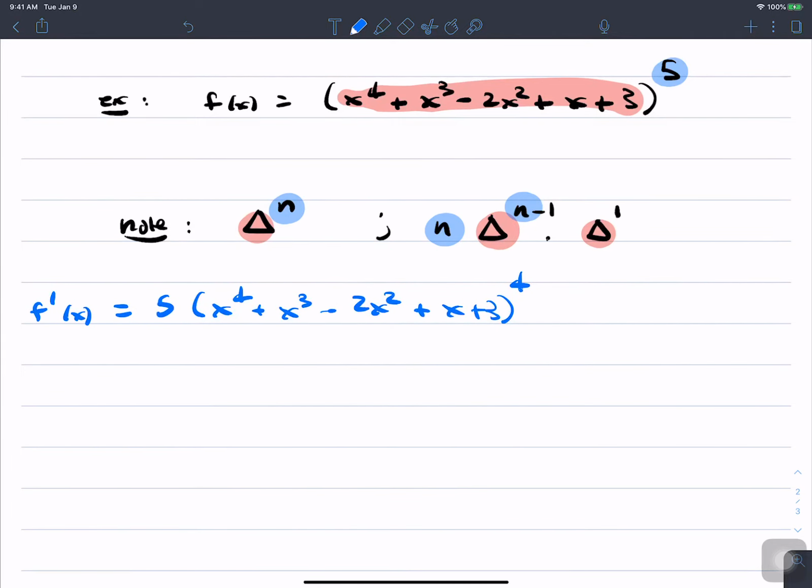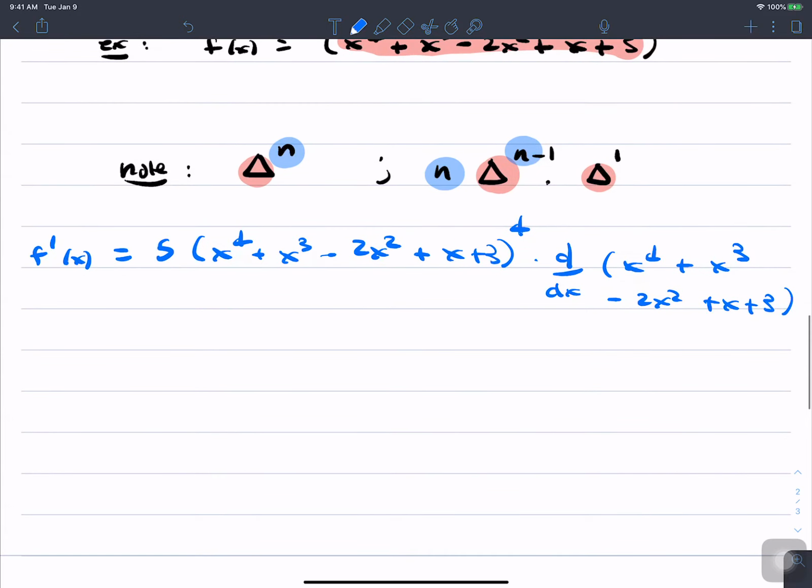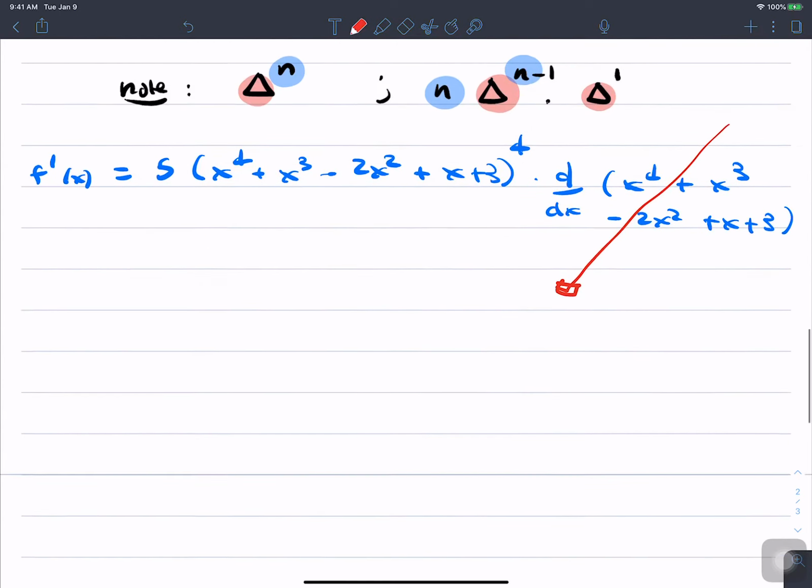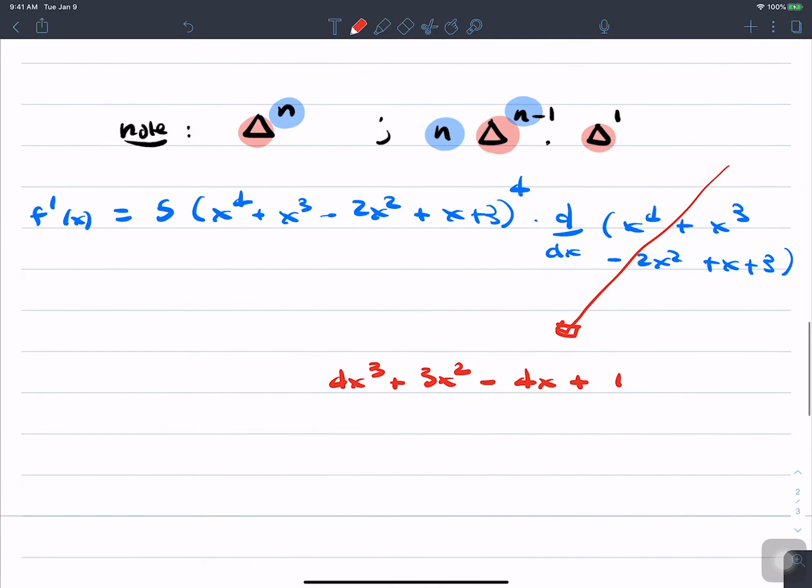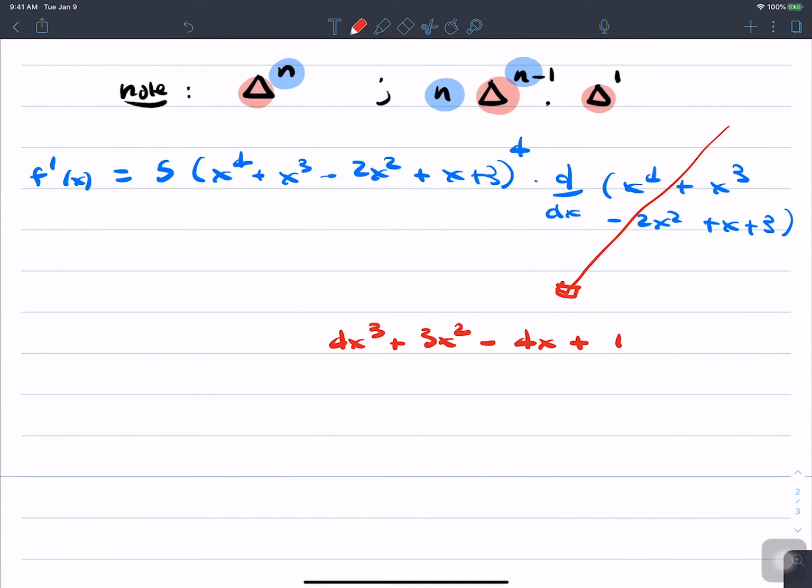And then this is going to be times the derivative of x to the fourth plus x cubed minus 2x squared plus x plus 3. And now we differentiate here by using properties of derivatives: 4x cubed plus 3x squared minus 4x plus 1, ladies and gentlemen. So keep track of what's here. We have this term times this term.